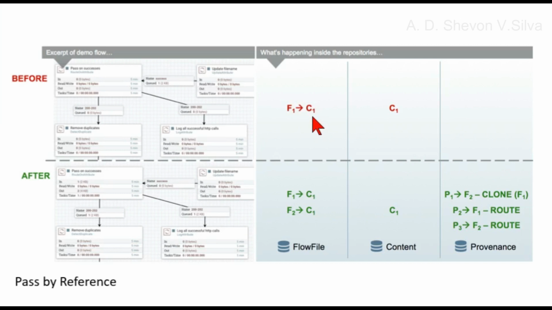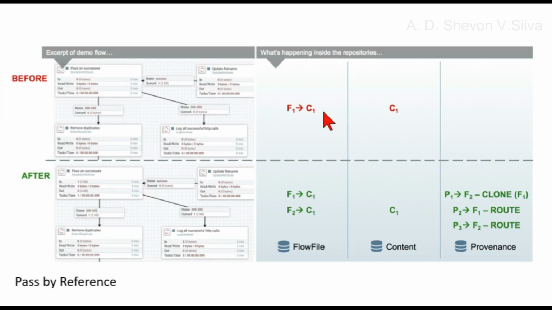There is a provenance event that points to C1 and includes a snapshot of F1, but is omitted to better focus on the routing.